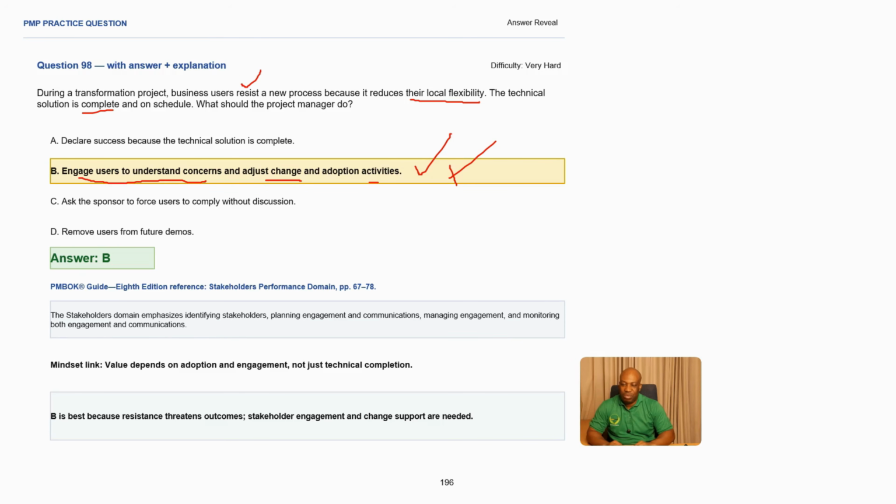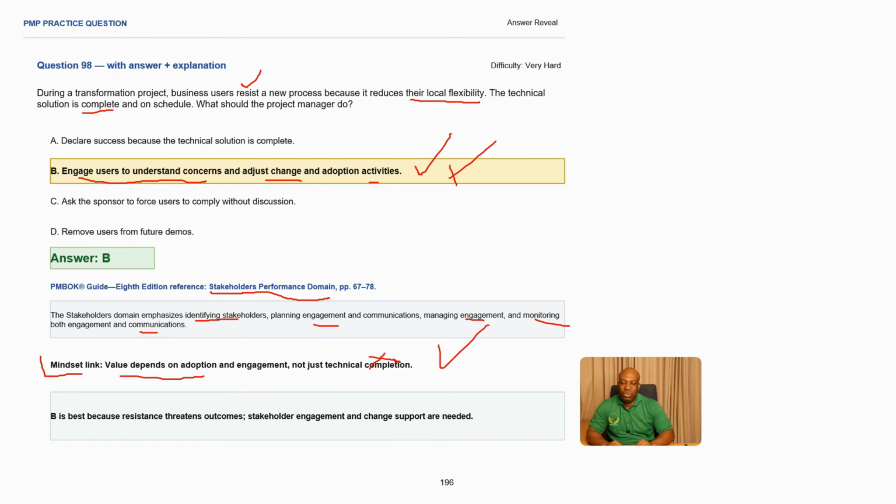So how do we link it back to our PM book? The stakeholder performance domain is very important. It emphasizes identifying stakeholders, planning engagement, communication, engagement, and also monitoring both communication and engagement with the stakeholders. And what is the best mindset here? The best mindset is value depends on adoption and engagement, and not on technical completion.